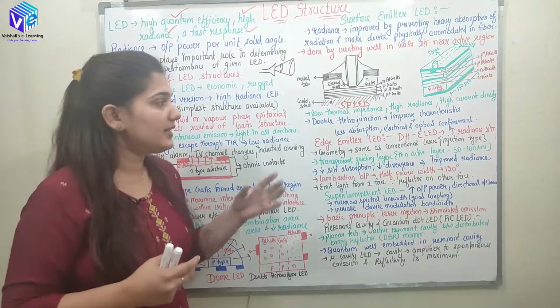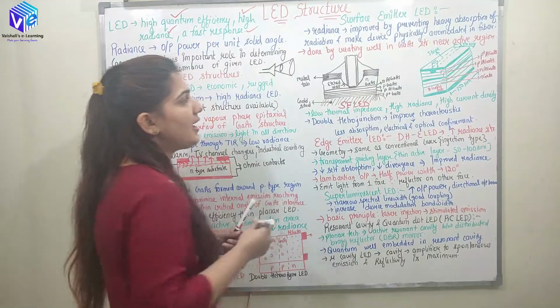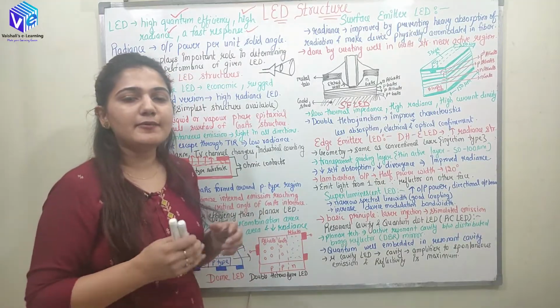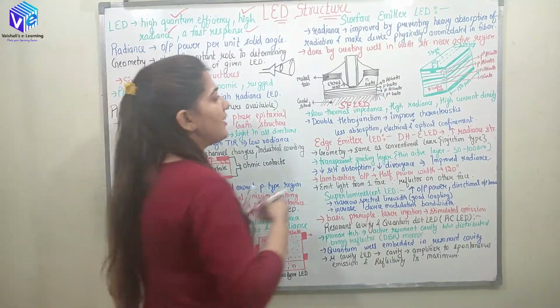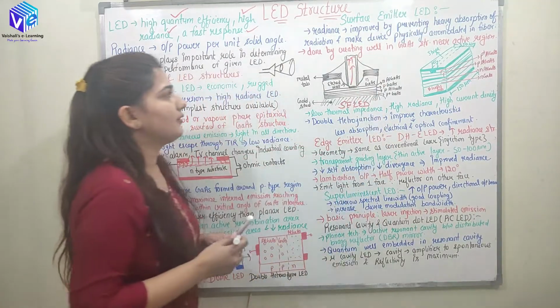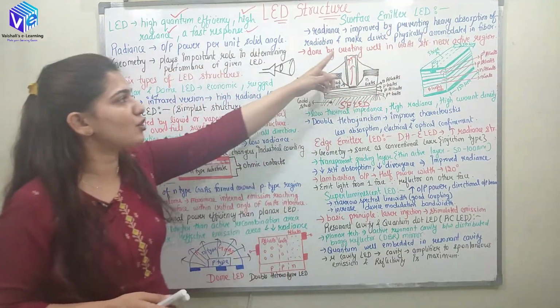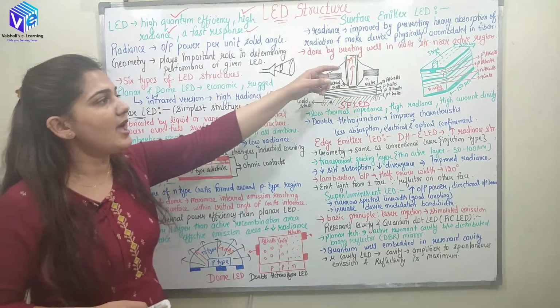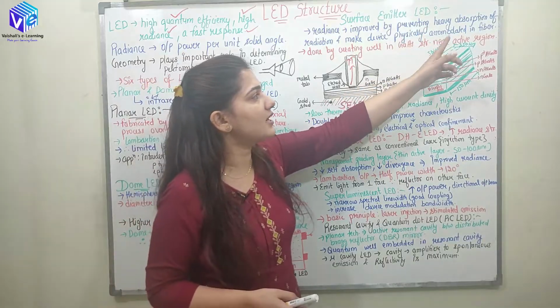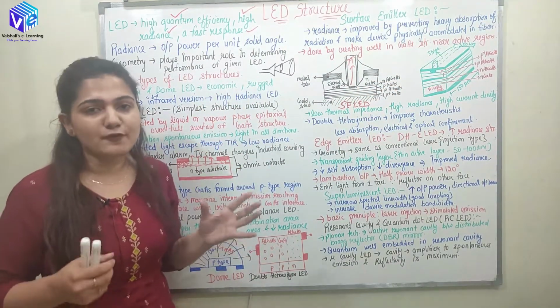Here I have made a cavity, and due to this cavity I will be having lesser absorptions and more of the light is going out. So the radiance is improved by preventing heavy absorption of the radiation, and the device is physically accommodated inside the fiber so that the coupling would be higher.